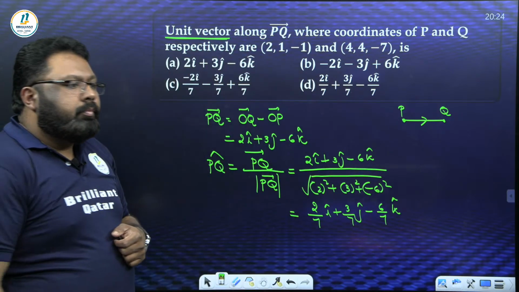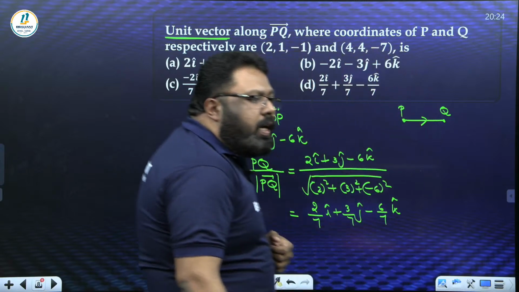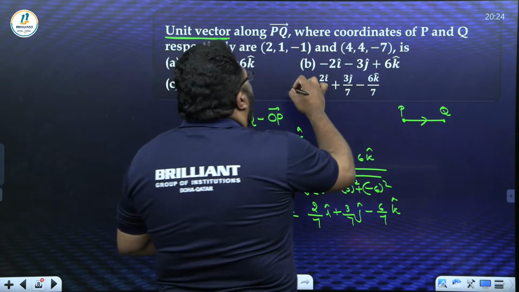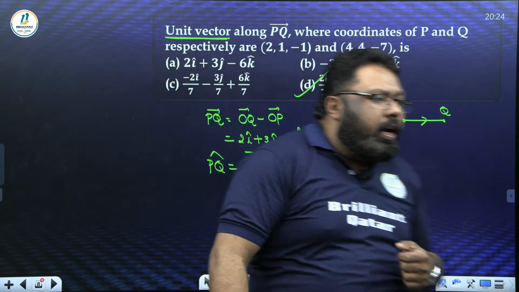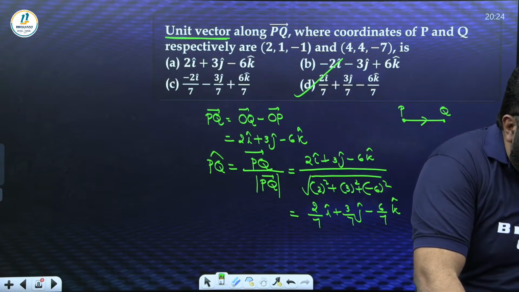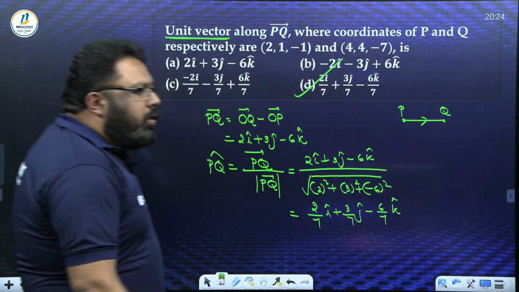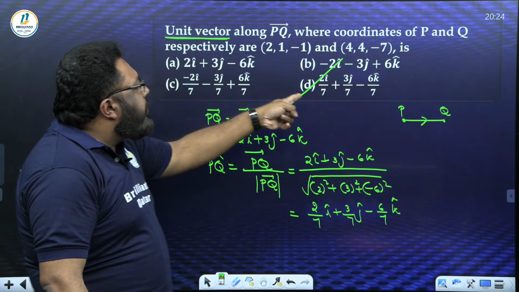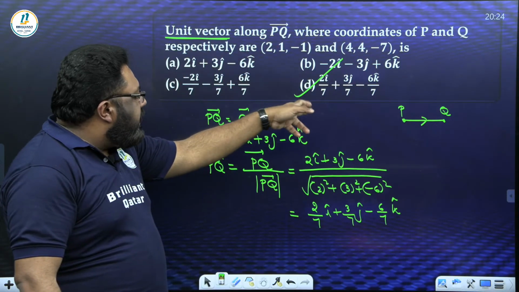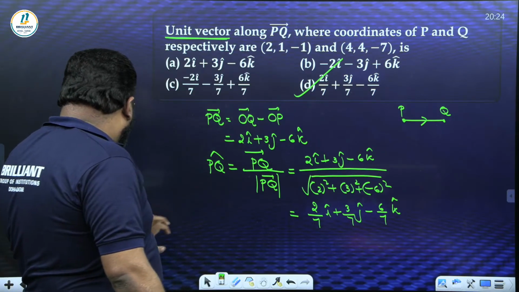Option? Yes, started coming. Very good, Magashri, Sanjay. Those two students are always giving me the answers. Others are not seen in the chat box. Come on, my dears, start responding, all of you. Good, keep responding. Option D, 2i by 7, 3j by 7, minus 6k by 7.